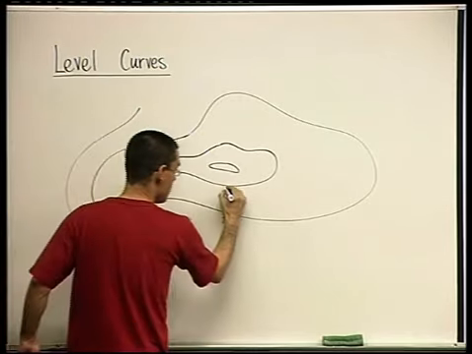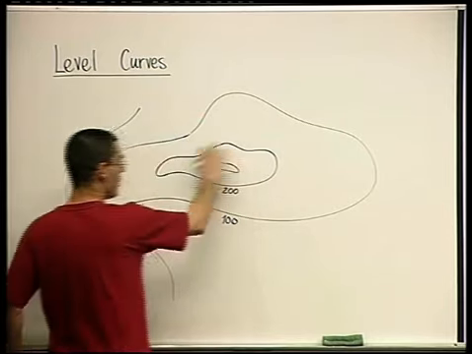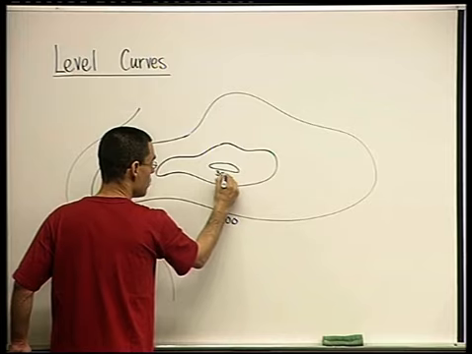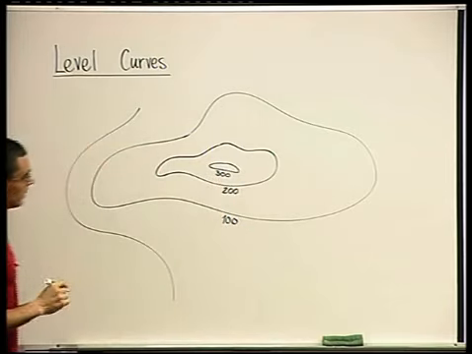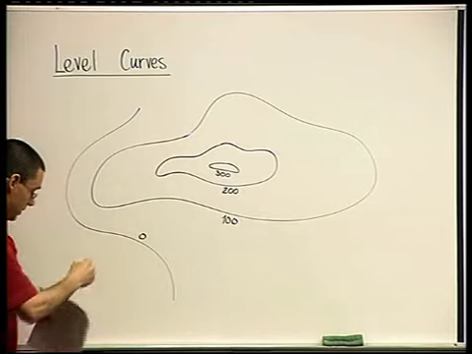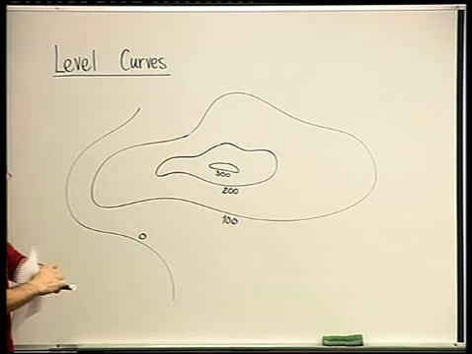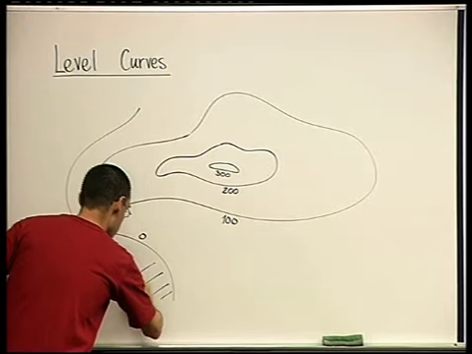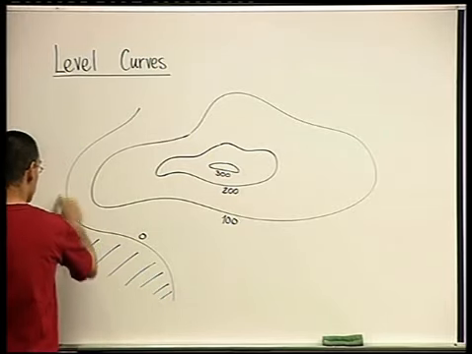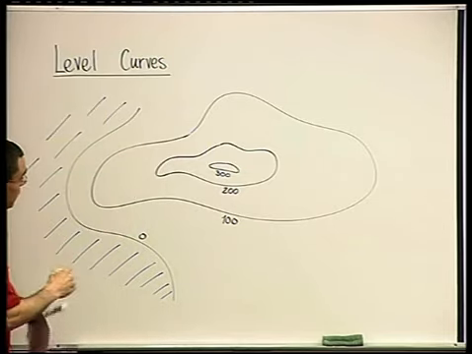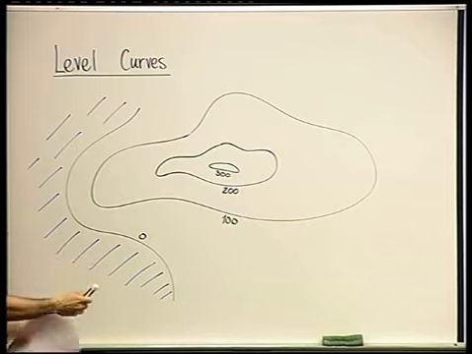And then let's say if this is 200, then these are points where the mountain is 200 meters high. And this may be 300, and that's the peak of the mountain. And then maybe this is 0. If this is 0, then you might expect the map to be colored blue here to indicate that this is some sea or ocean or pond or lake at sea level. Does everybody know what I'm talking about?